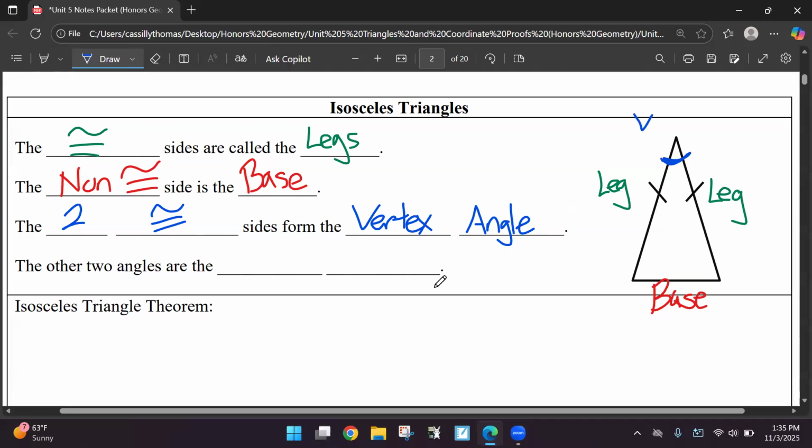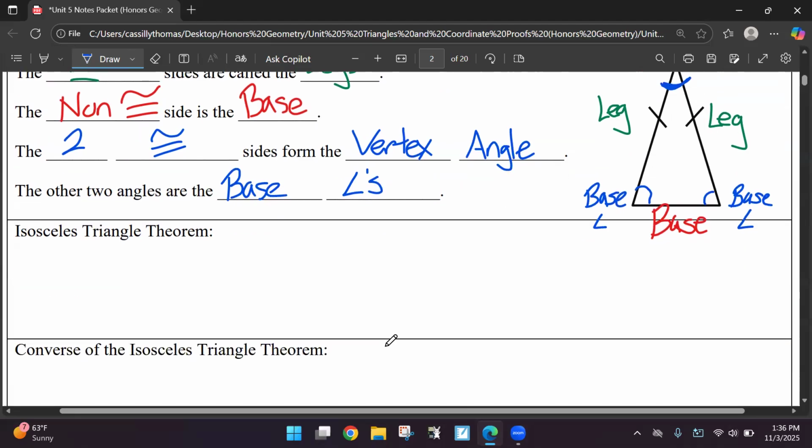This is our vertex angle. And the last one, the other two angles down at the bottom, we call these the base angles. It's attached to the base, so that is a base angle. So that's pretty much everything we can say about an isosceles triangle.